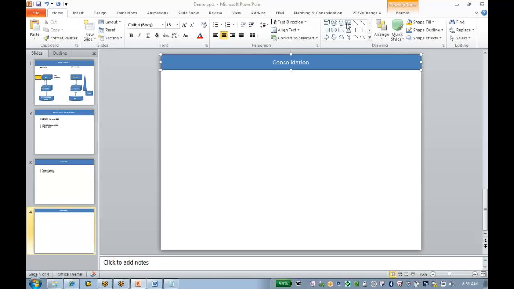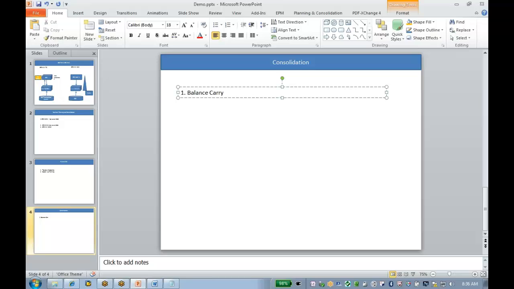So basically, what are the functions I am using here in consolidation? First one, consolidation. You require balance carry forward.